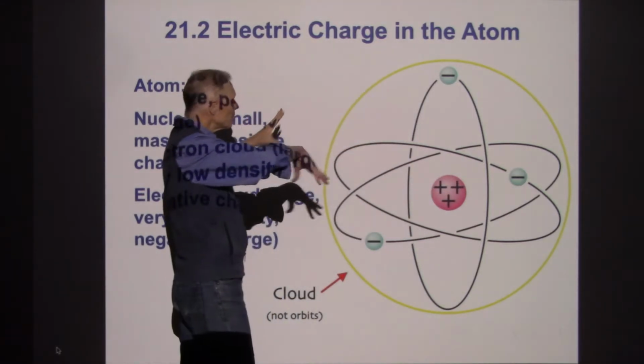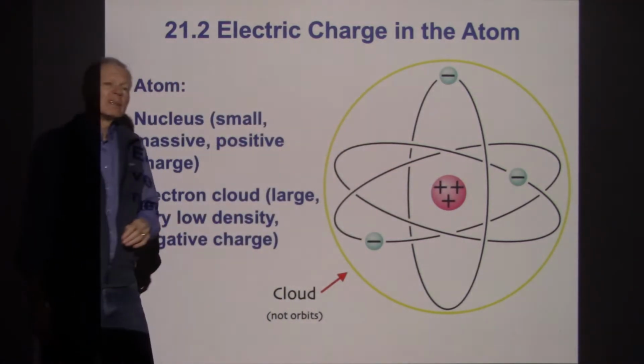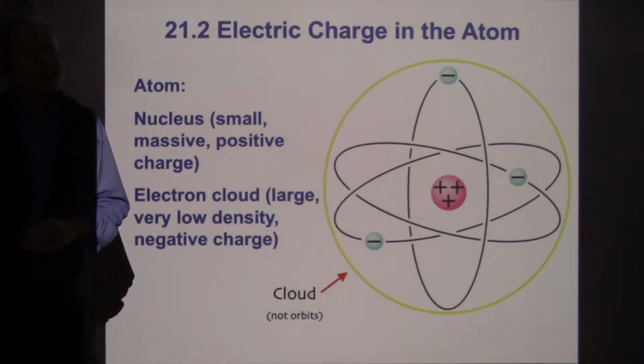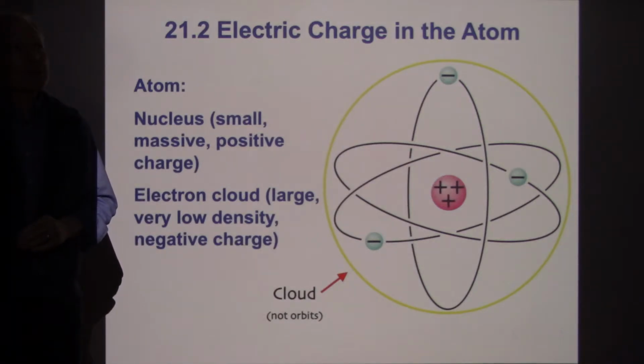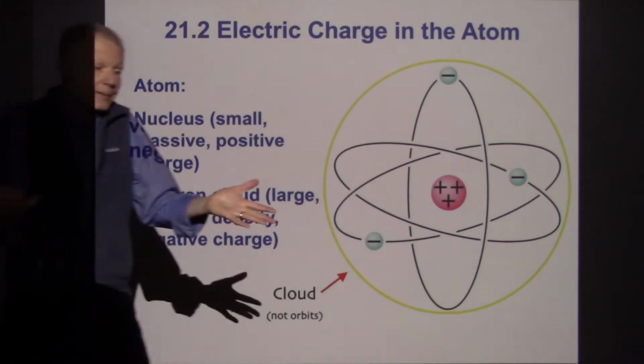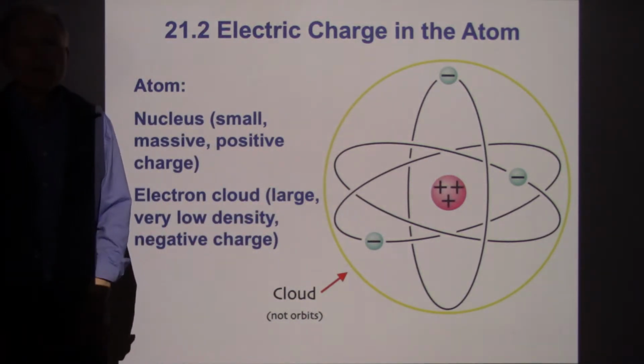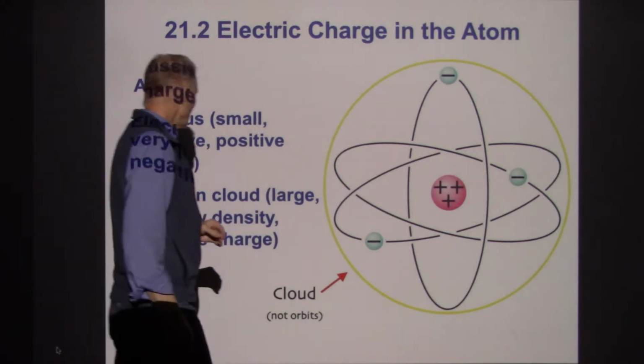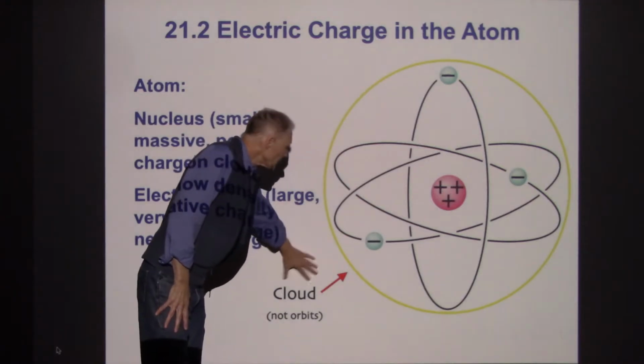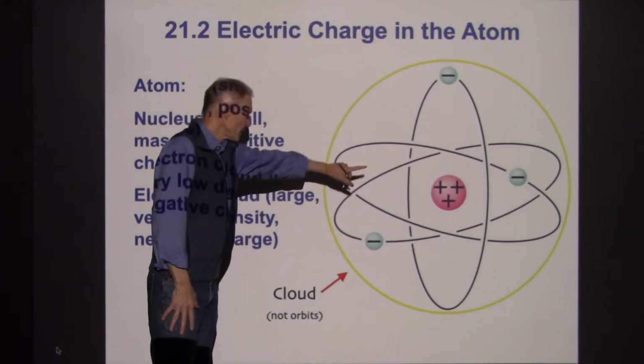So what fills up most of the space are the electrons. A lot of times we say atoms and molecules are mostly empty space. That's one approach, but if we think of something solid here, what is it that's making it solid? It's because the electrons, as you're probably aware, are not following orbits like this.